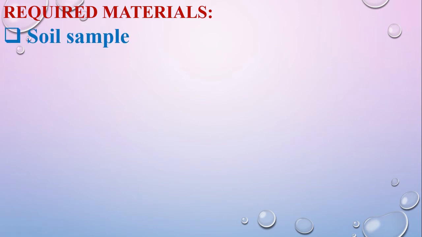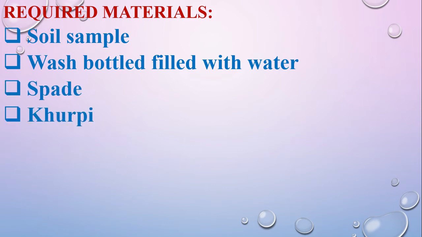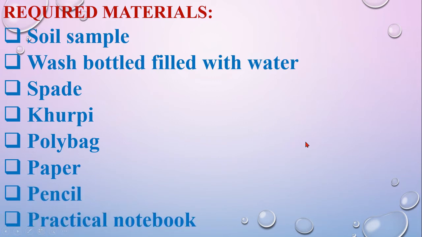First of all, we need the soil sample. Then a wash bottle filled with pure water, then a spade, kurpi or nirani, then a polybag, paper, a pencil, and last one is the practical notebook, definitely.